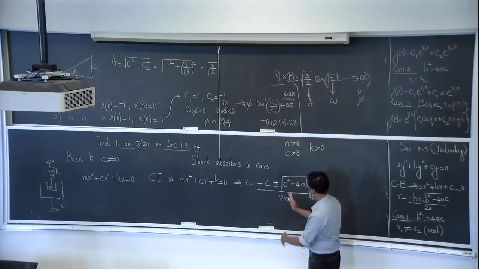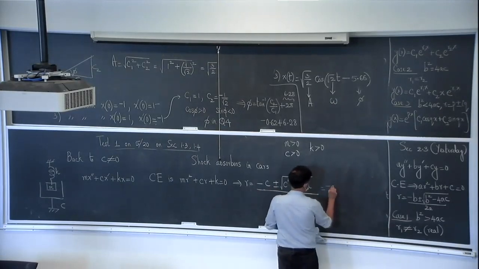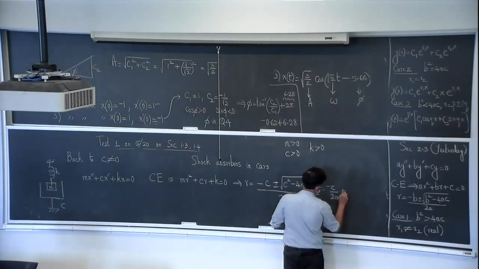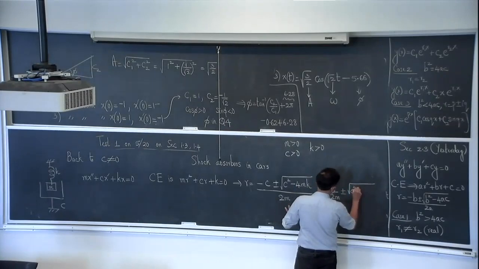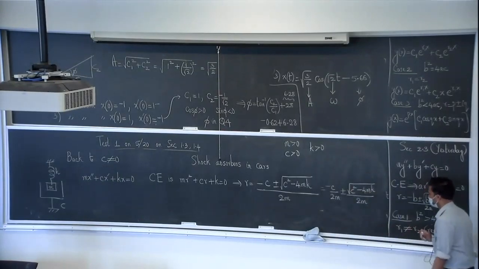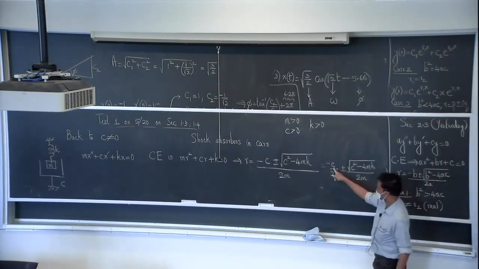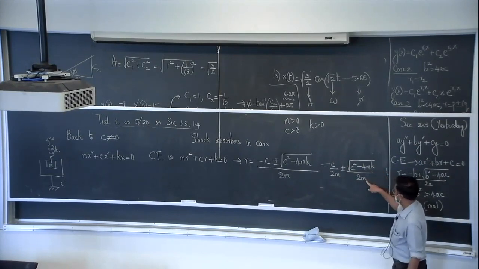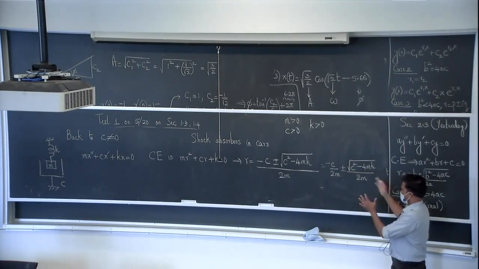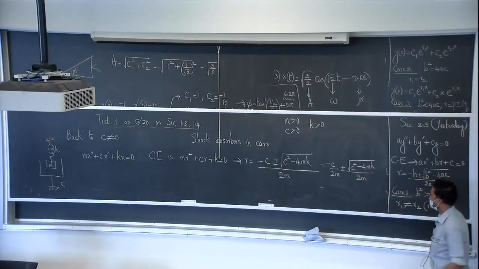For convenience, I'm going to write it as two separate terms: -c/2m ± √(c² - 4mk)/2m. If c were equal to 0, we are back to our earlier problem; this term wouldn't be here, and we would be back to √(k/m). If c is not equal to 0, you can see the expression looks a lot more complicated now.